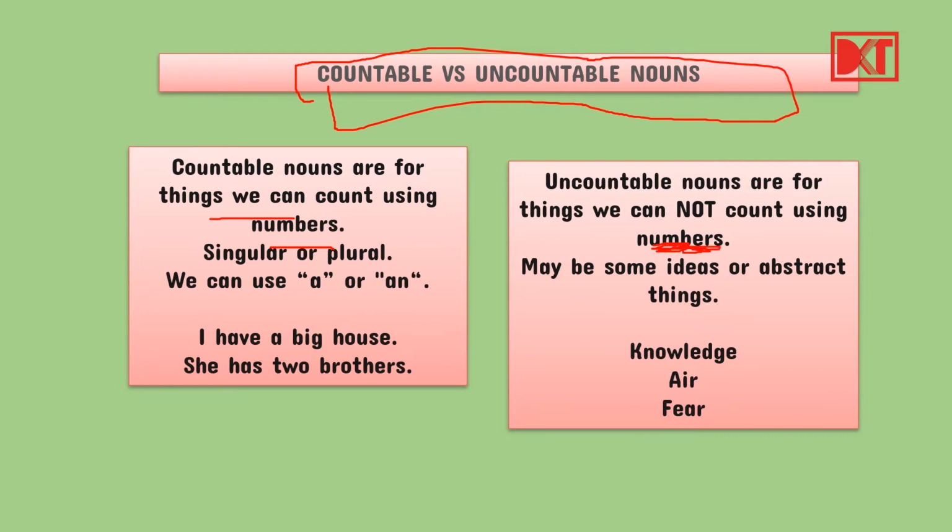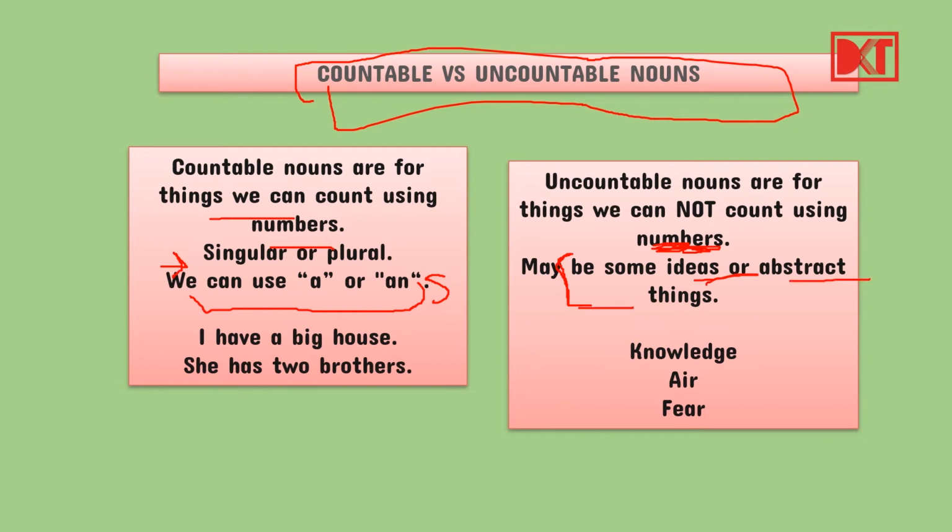These countable nouns can be singular or plural, and here we can use a or an for their singular form. But for uncountable nouns, it is difficult to tell whether they are singular or plural. There might be some ideas or some abstract things.